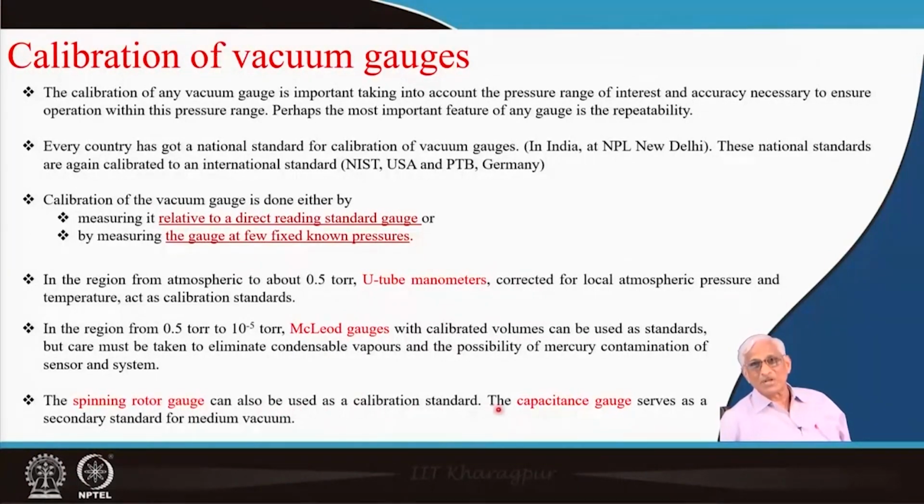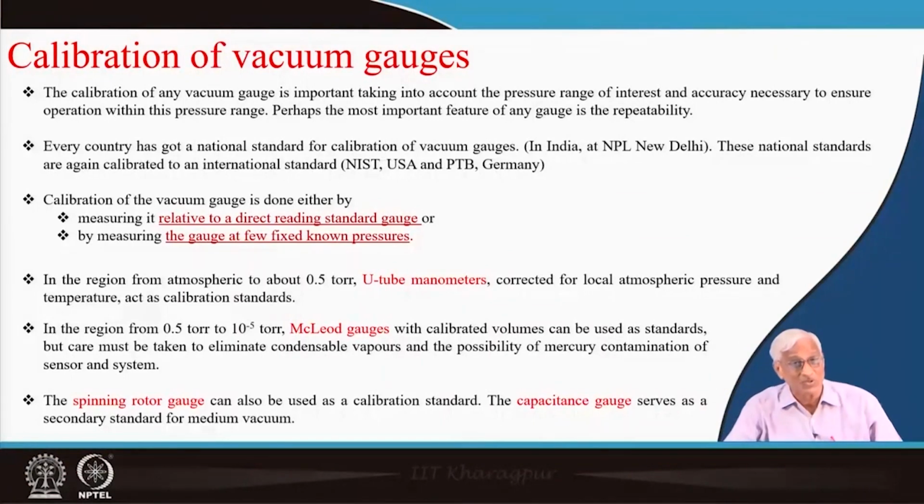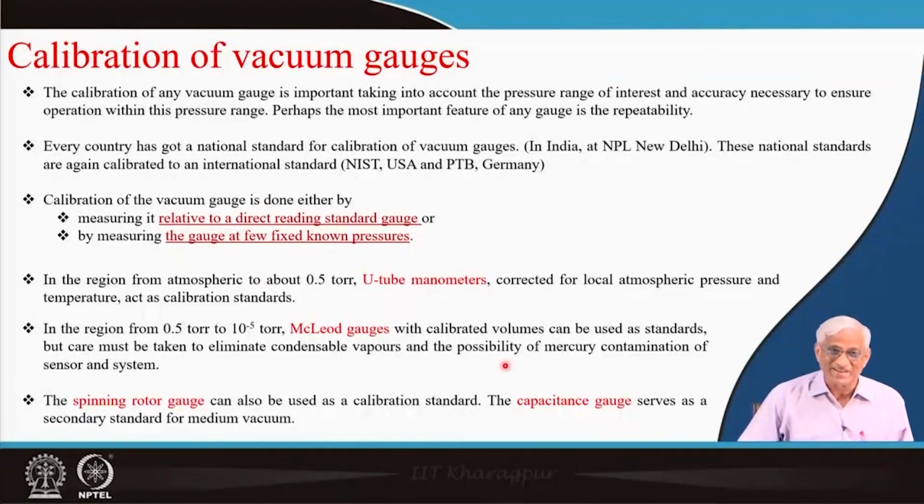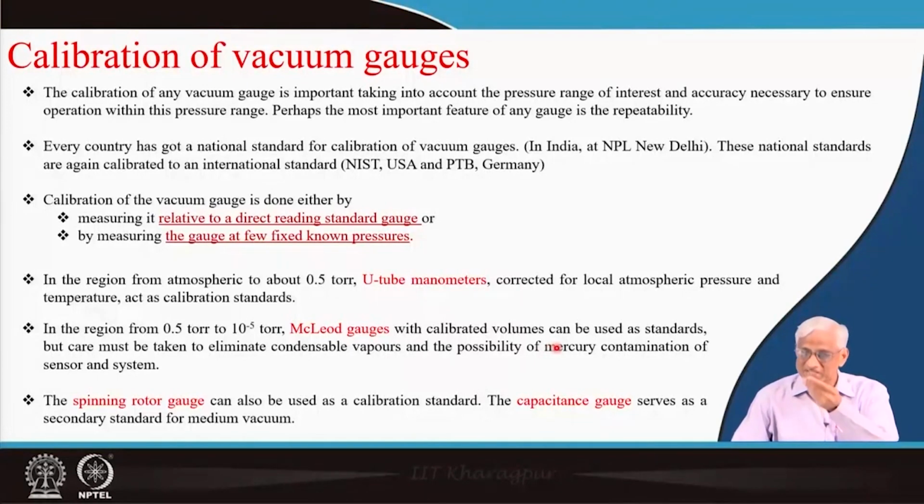So, all these calibration methods, the capacitance gauge also I told you, it is a sort of calibration standard, but once it is calibrated, it will act like a secondary standard. These definitions vary from place to place. Okay. All of them can be called primary standards or secondary standards, but use the word standard. But the normal gauges need to be calibrated. Whether you calibrate with a secondary standard or primary standard, it is up to you.